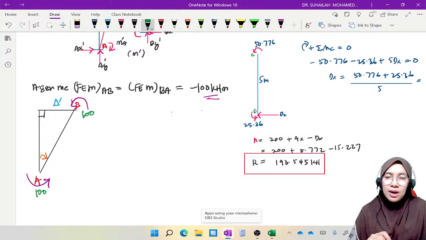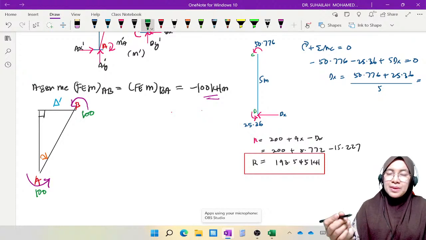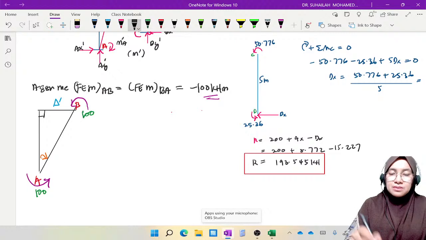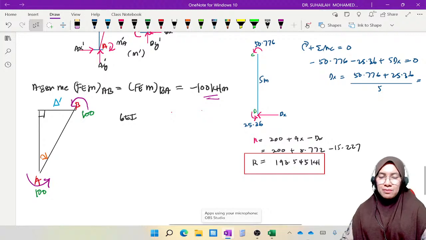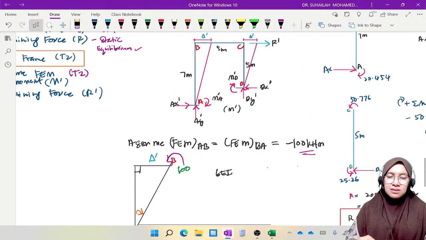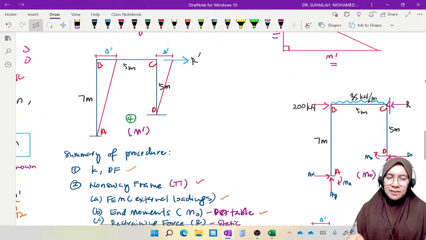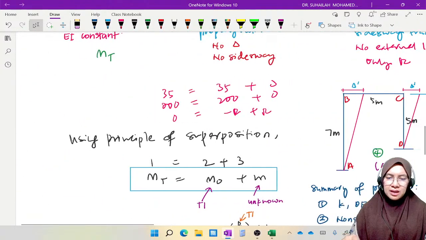So what we need to do now is apply the formula to calculate FEM, which is 6EI. If I'm not mistaken, it is 2EI. Let me check.